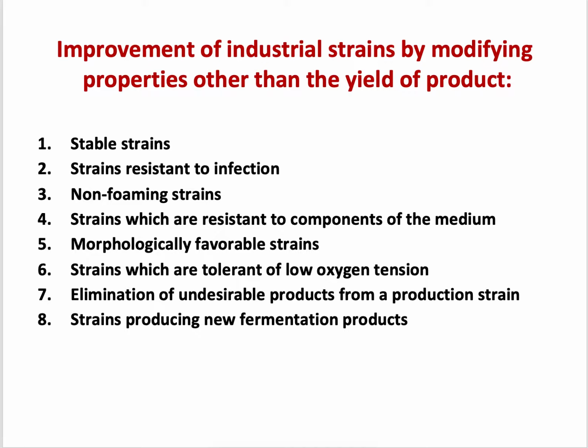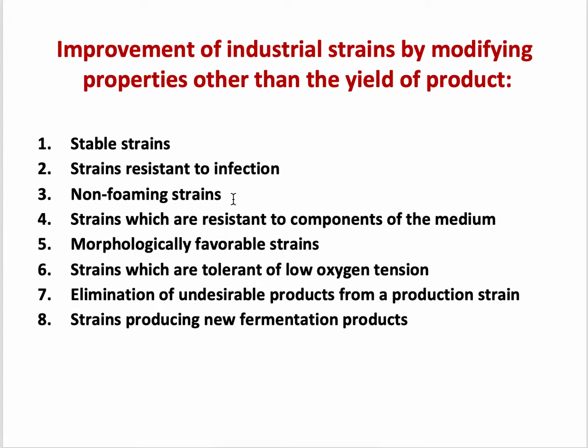So what kind of traits? For example, stable strains. We got the strain, it produced enough metabolites, but it's not that stable, so we need to improve it so that it becomes stable. Or we can make them resistant to certain infections.